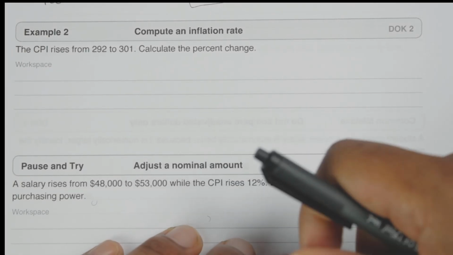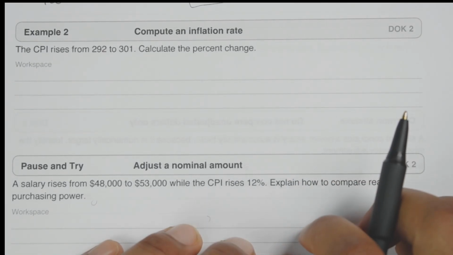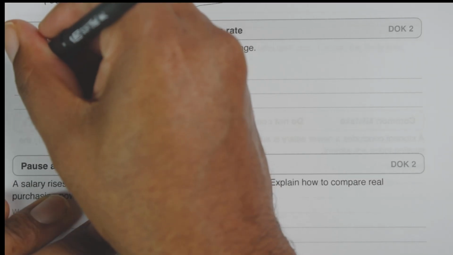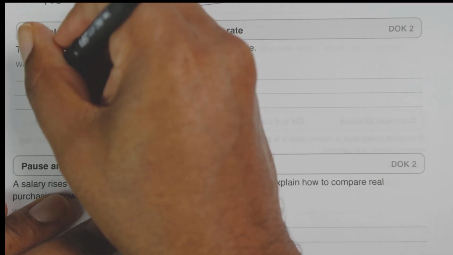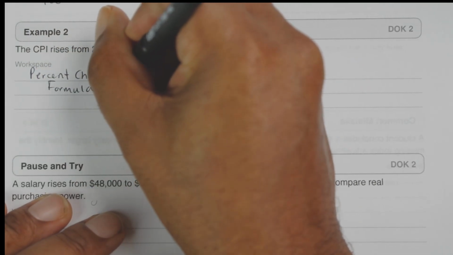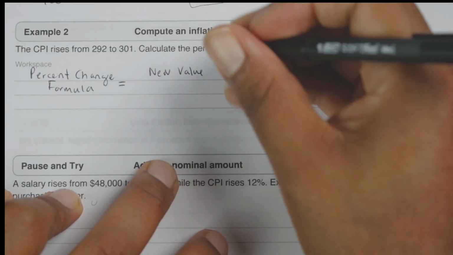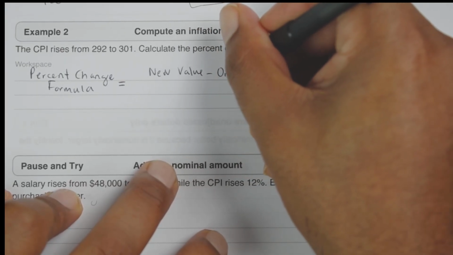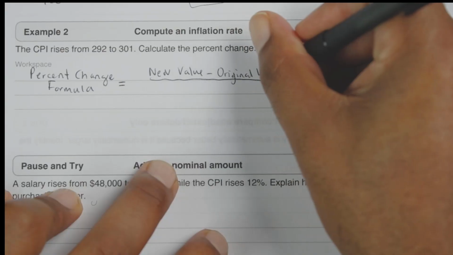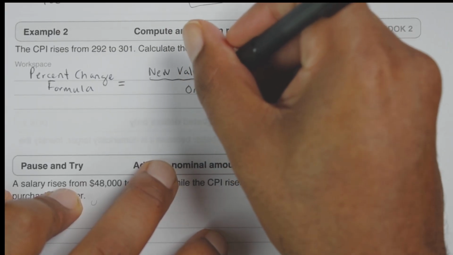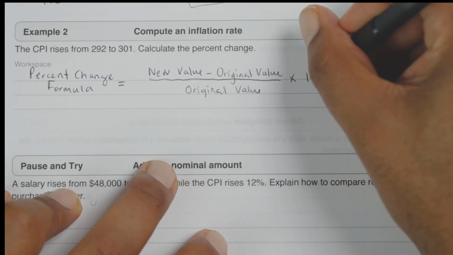Example number 2. Suppose CPI rises from 292 to 301, and we want to calculate the percentage change. Our percentage change formula is the new value minus the original value, divided by the original value, multiplied by 100%.